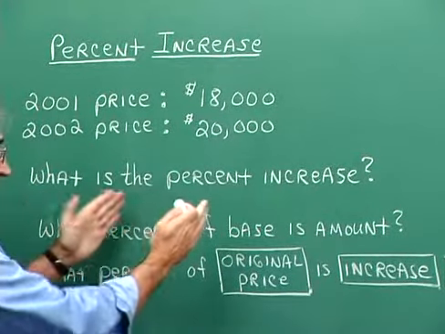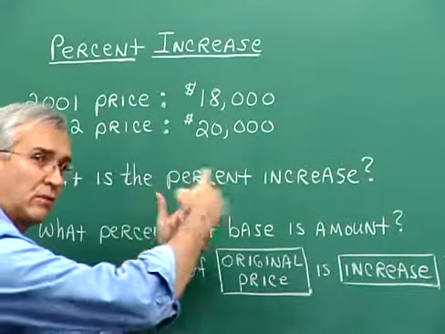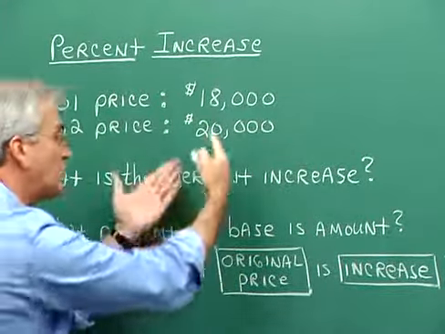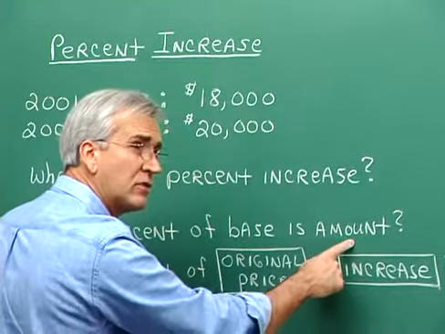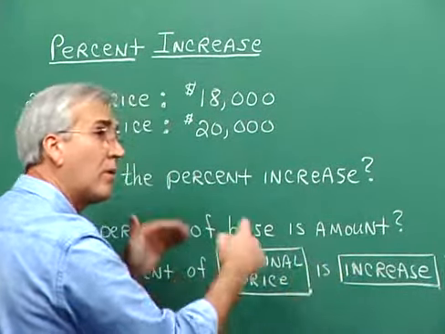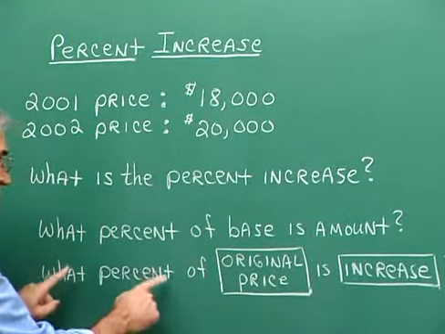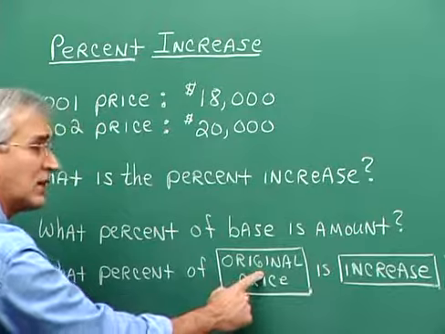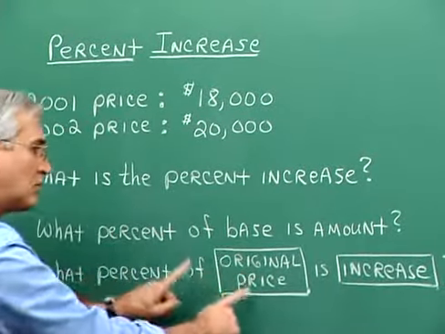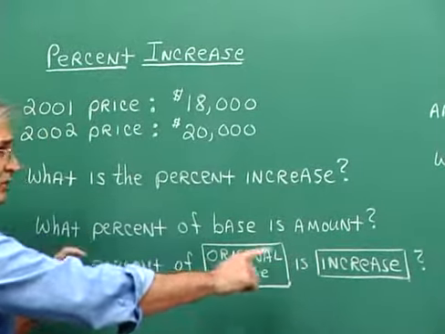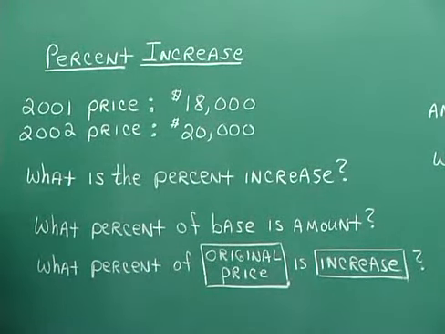Now, when we apply the notion to our problem, the base price is the original price of the automobile, and the amount here is the amount of the increase from one year to the next. So we're trying to find the percent of the original price which is the increase. What percent of the original price is the increase? So that's a way of correlating it back to something we've had before.